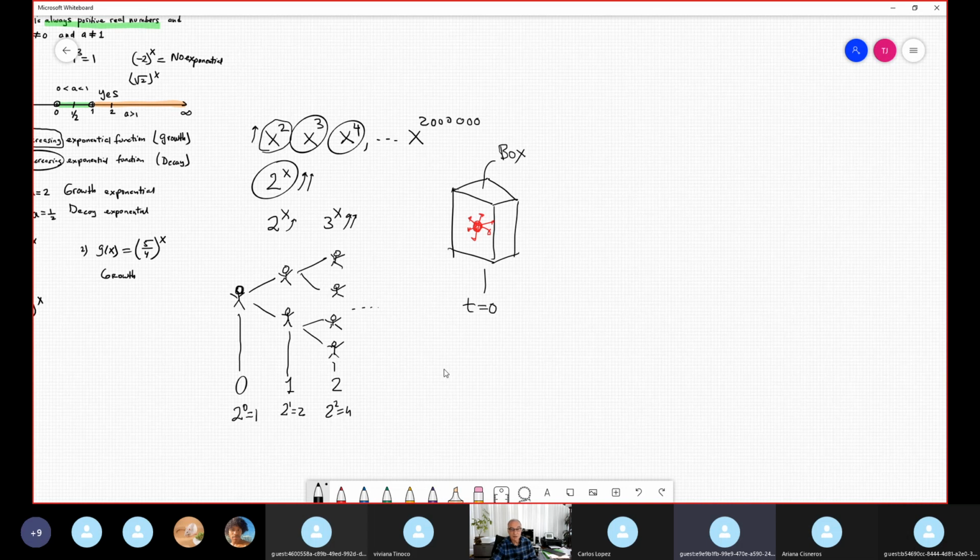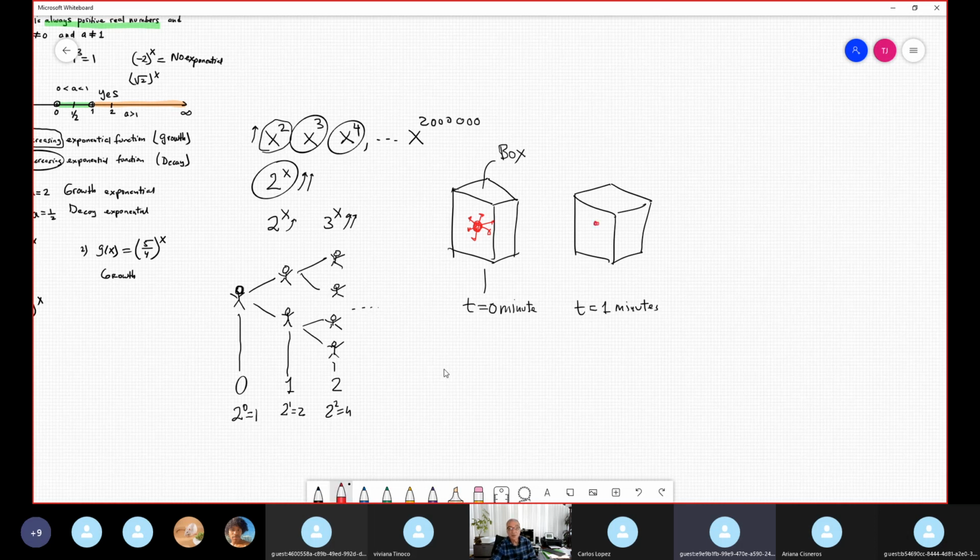And the velocity of propagation of the coronavirus, at 1 minute, suppose the same box, but I suppose that the exponential base is 2, so you have 2 coronavirus, no?